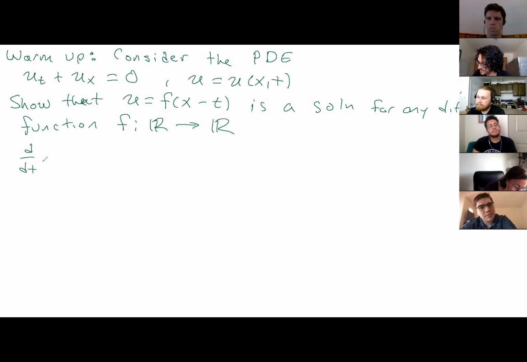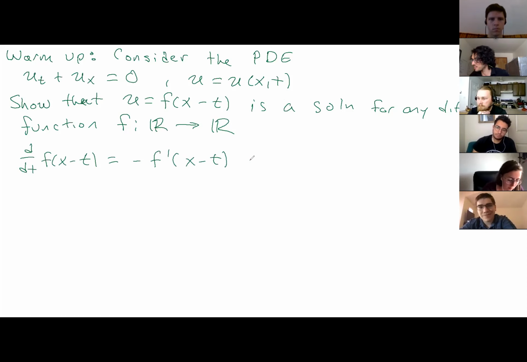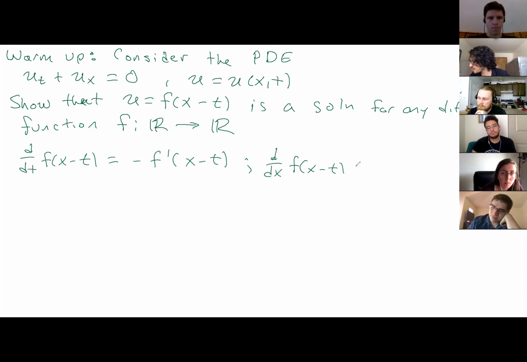derivative with respect to t of f of x minus t, we get by the chain rule minus f prime of x minus t. And if we differentiate with respect to x, then we get f prime of x minus t.